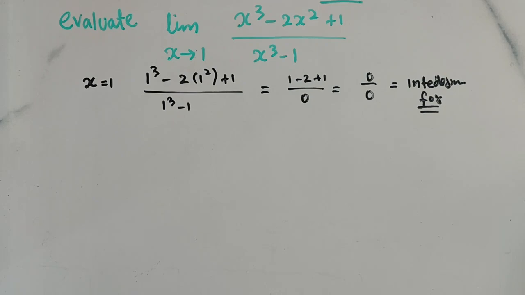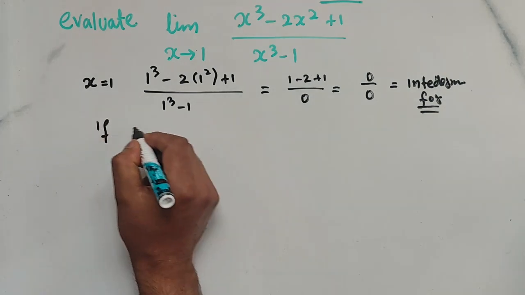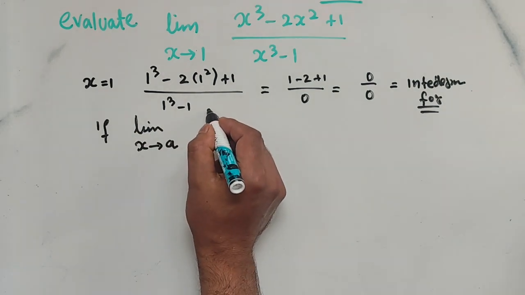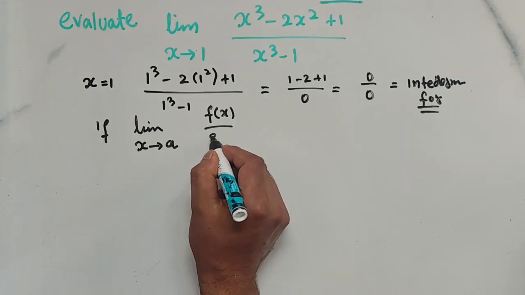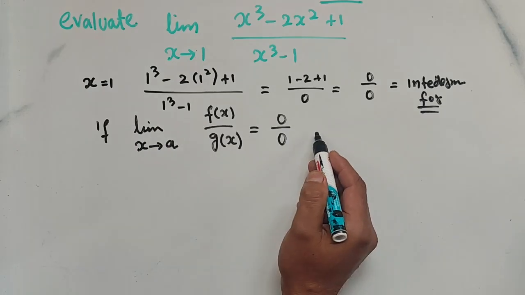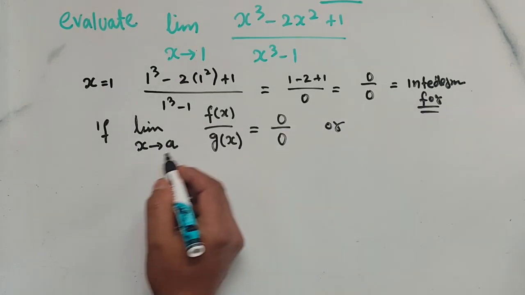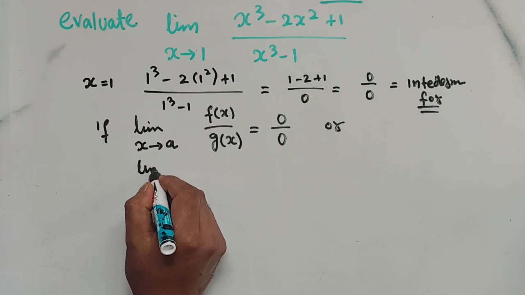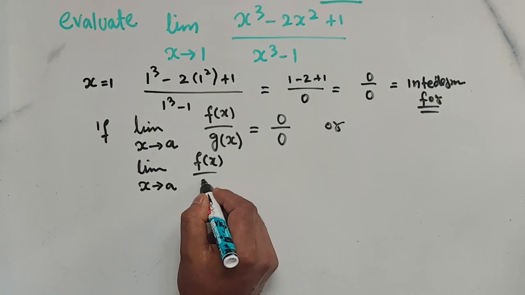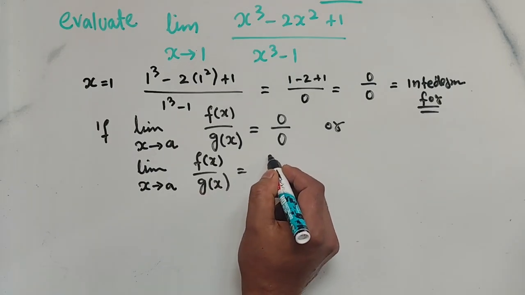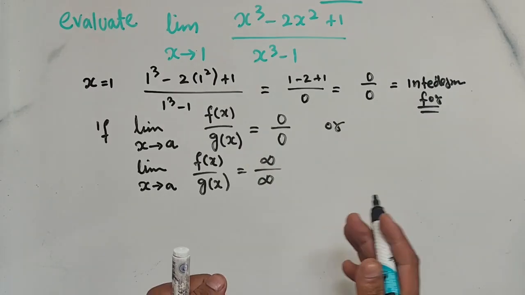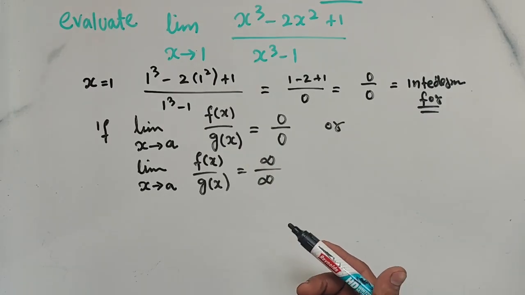It tells us, if the limit as x approaches a of f of x upon g of x is equal to 0 upon 0, that is, if it is in indeterminate form, or we have another kind of function, the limit as x approaches a of f of x upon g of x, equal to infinity upon infinity, so if we have these indeterminate forms, then how do we solve it?